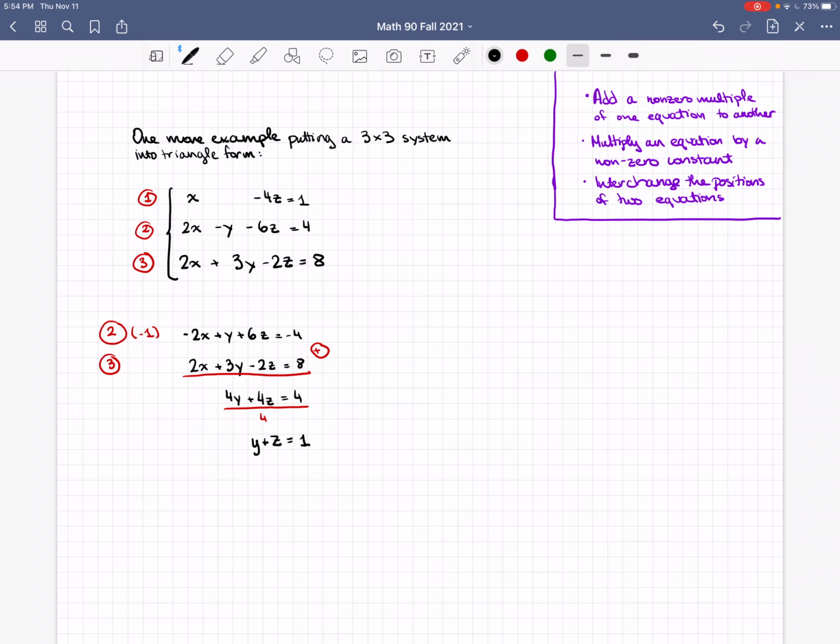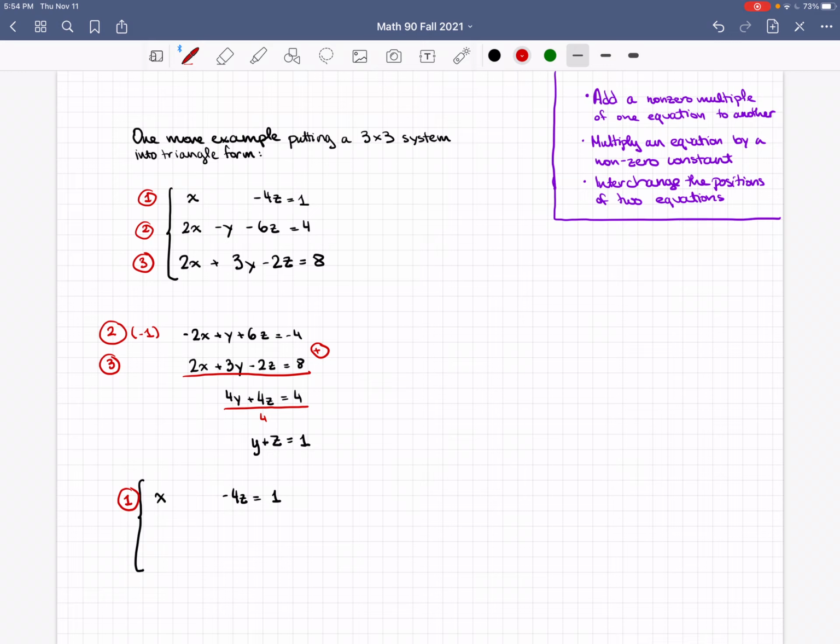So let's take stock of where we are with our system now. I have x minus 4z equals 1. That's my first equation. I didn't change it.